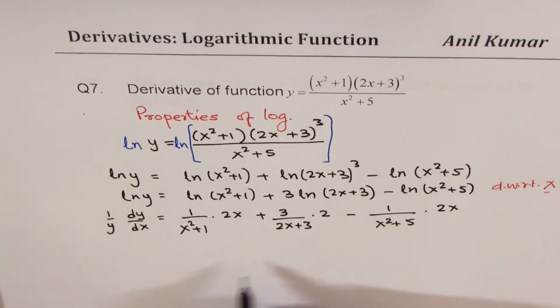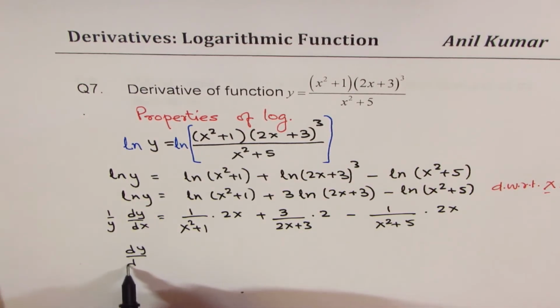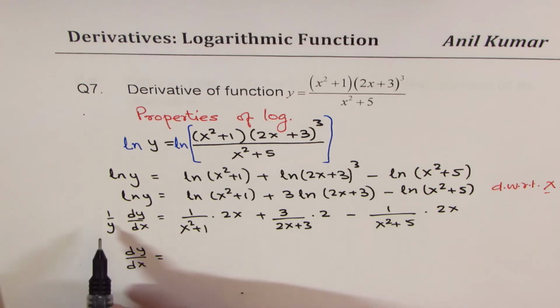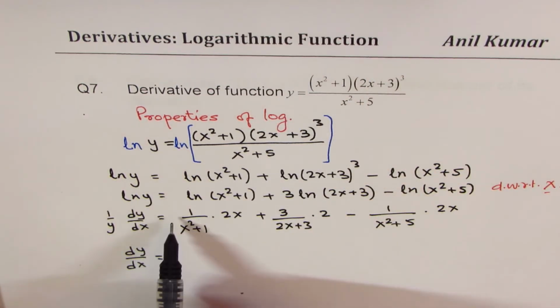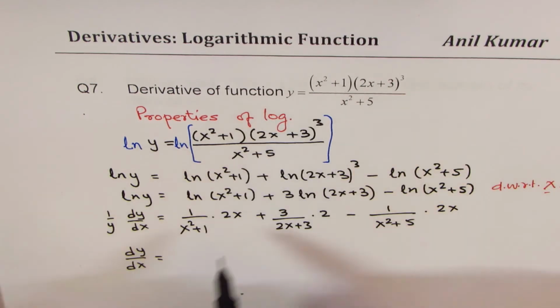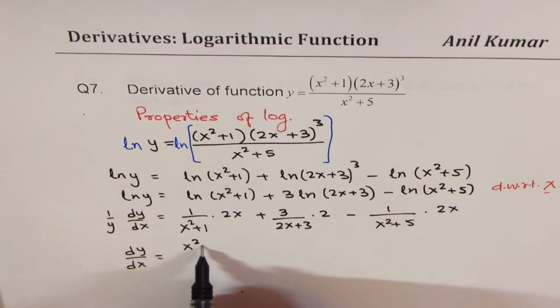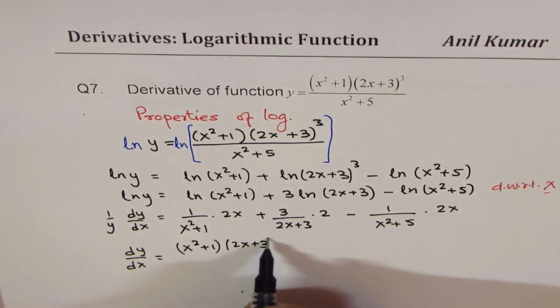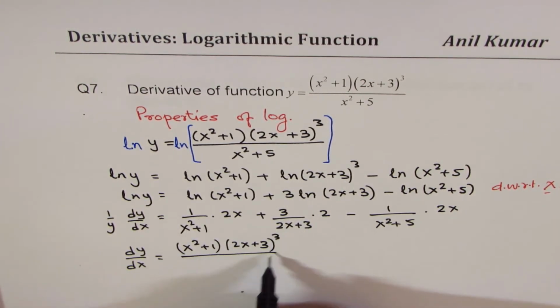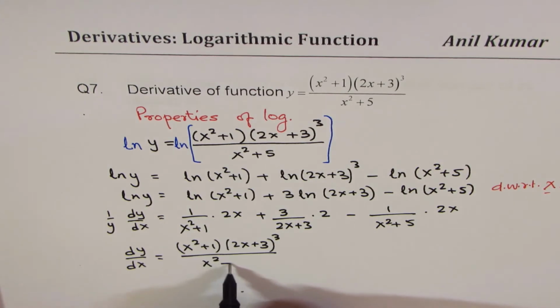Do you see that? So now we can write dy/dx as equal to y times, and I can replace y with all this, correct? So instead of writing y, I'm writing the whole expression, which is (x squared plus 1) times (2x plus 3) whole cube divided by (x squared plus 5).